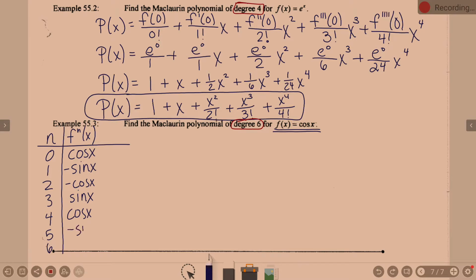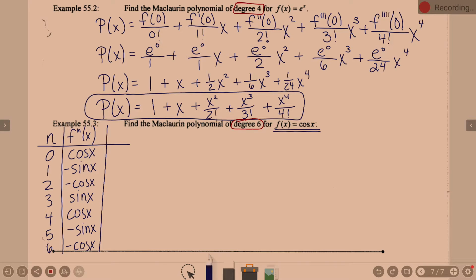Negative sine x. Derivative of negative sine x? Did you notice something happening? It's going to repeat every 4, isn't it? When you do the derivative of cosine or the derivative of sine, it's a cycle of 4 because those negatives are in it. So once you know the first 4, you've done the work.